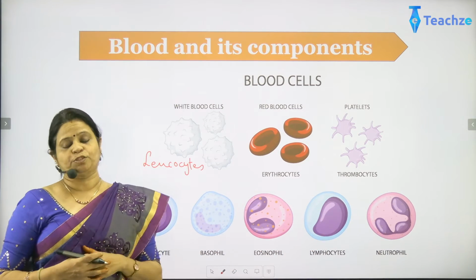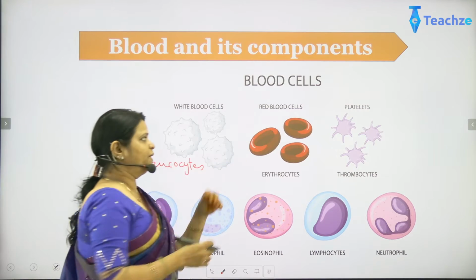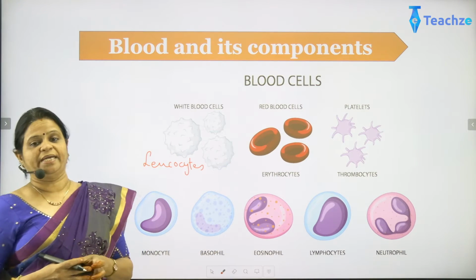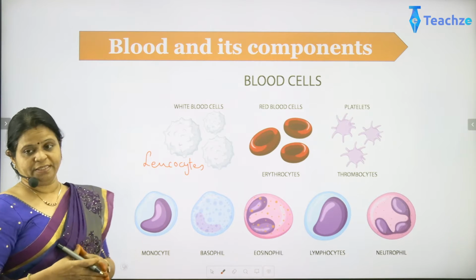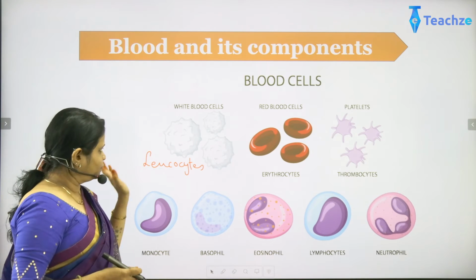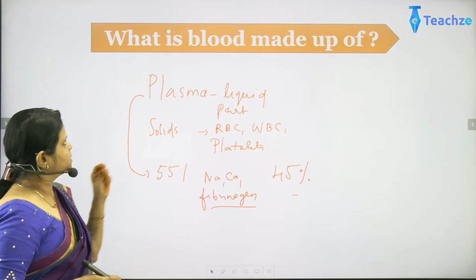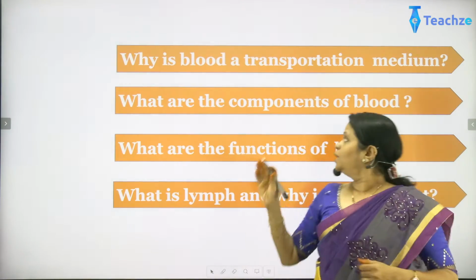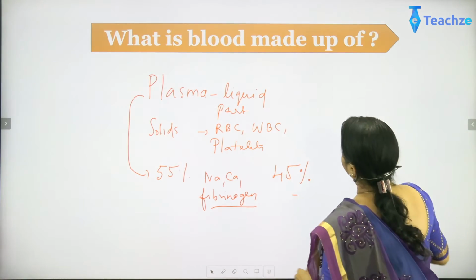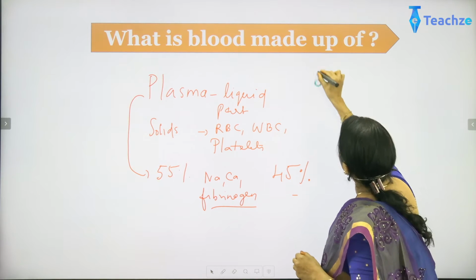The platelets, or thrombocytes, which we see here, are used for clotting. These are the solid components, and we'll try to understand one by one what is present in each. Coming to what we have to understand, the RBCs first.